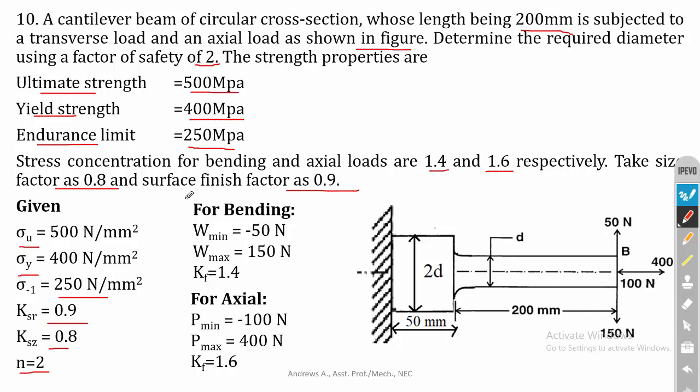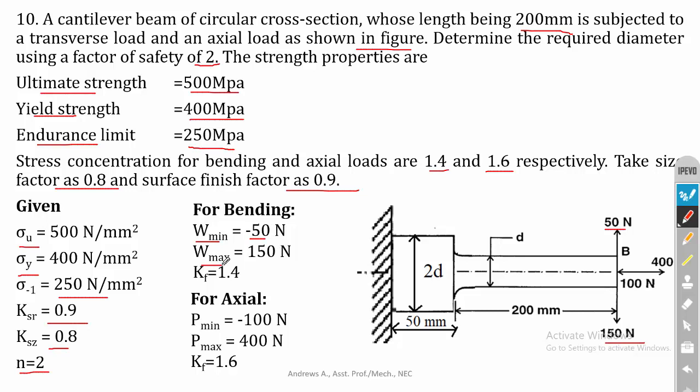And the factor of safety is given as 2. Now considering the bending load alone, you can see that for bending two loads are there. One is 50 Newton and the other one is 150 Newton. And we know that for bending and axial load, the minimum load should be considered in negative direction. So W minimum for bending is minus 50 Newton.